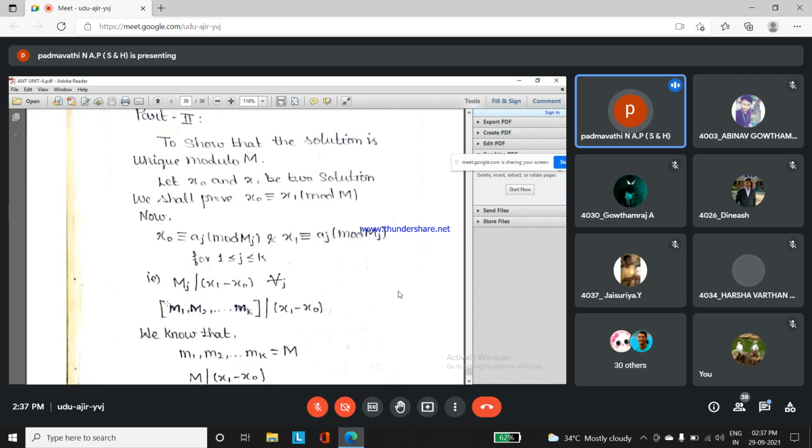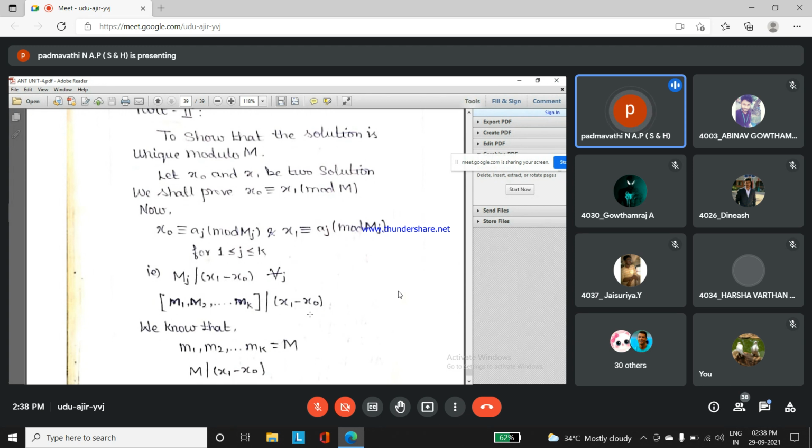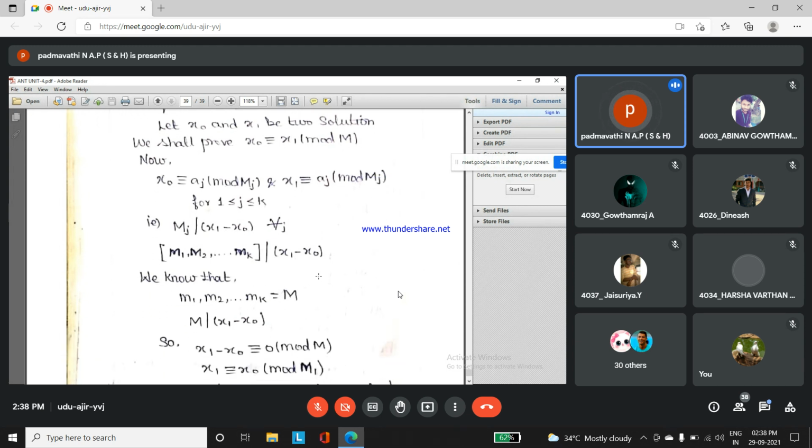Then also we know that the multiplication of the moduli is a divisor of x1 minus x0. Then we know that m1 m2 ... mk is equal to M. So idu eppadi eludhalam, that is equal to capital M.